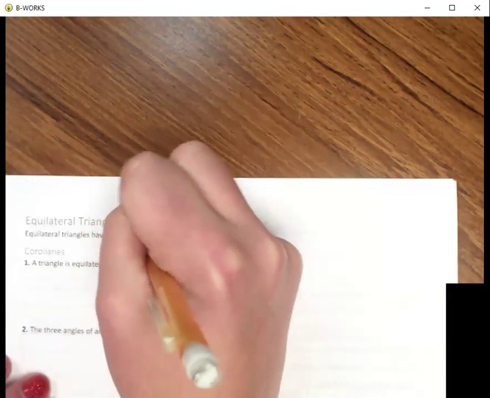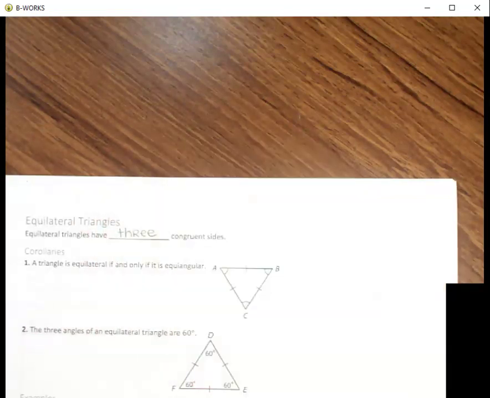Now, equilateral triangles. Again, they have three congruent sides. And a triangle is only equilateral if it's also equiangular. So if you know that a triangle is equilateral, you also know it's equiangular.